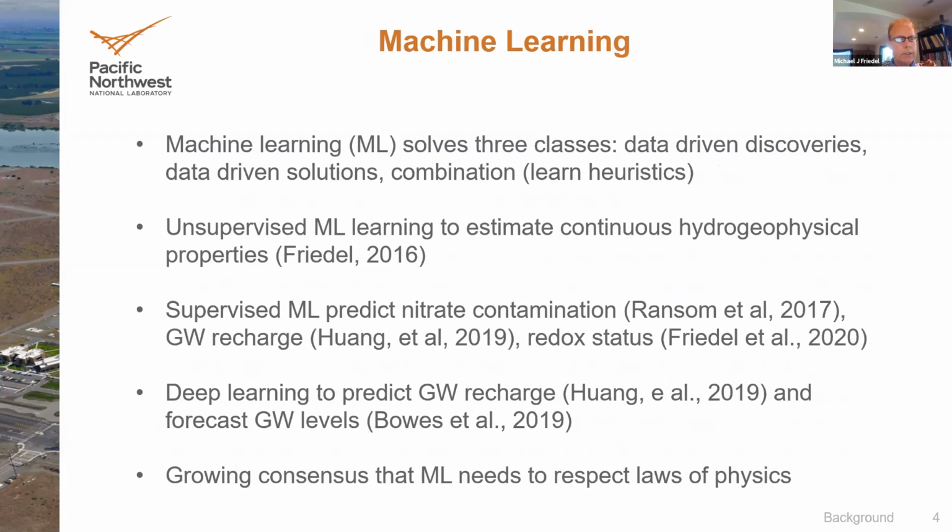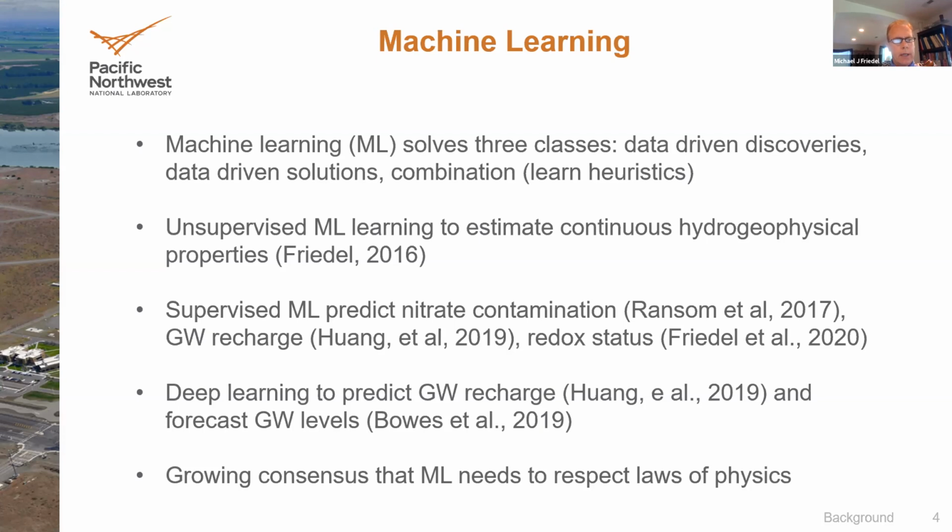So machine learning solves three problem classes that include data-driven discoveries, data-driven solutions, and then combinations thereof. The data-driven solutions involve using unsupervised or supervised machine learning to classify, estimate, predict, or forecast one or more response variables.